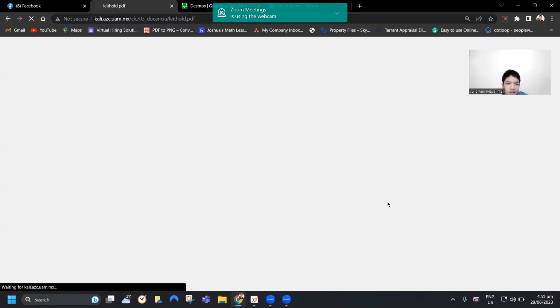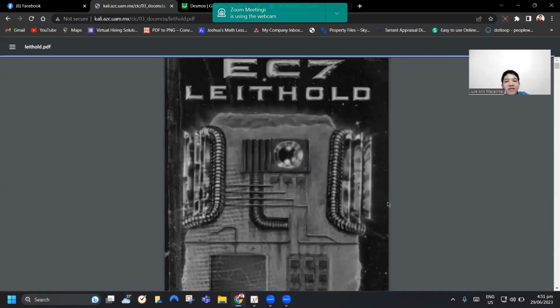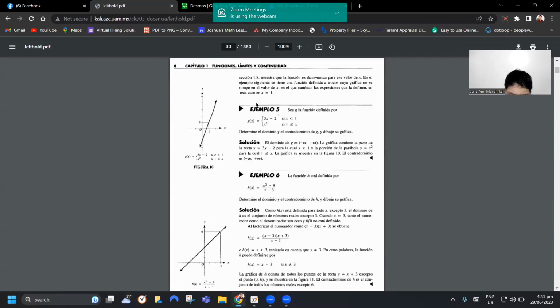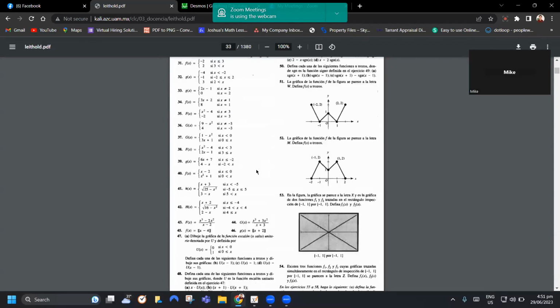Sabi dito, one of the functions... ano nangyari? Please hold. Mas kailangan mo yung words dito eh.